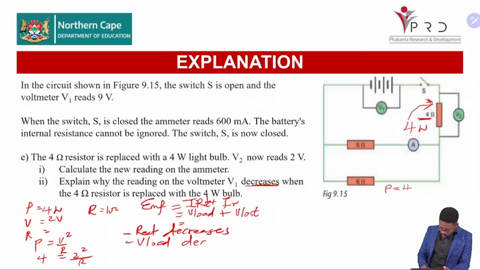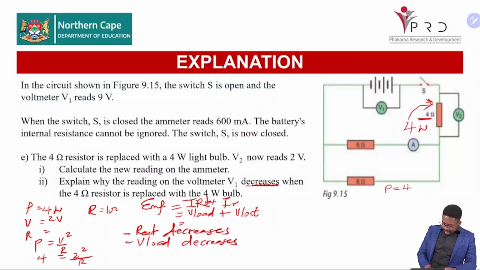The V load also decreases. Now, because we are talking about R external and V external, they go together. It's R external and V external. It forces the current to form a coalition with V lost, because V load and R external go together.